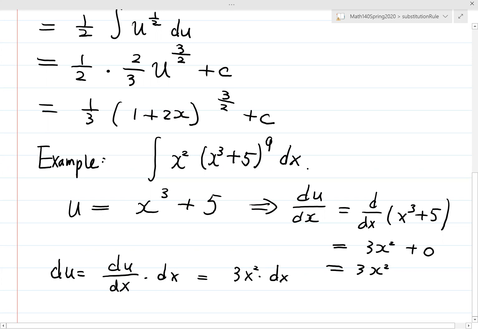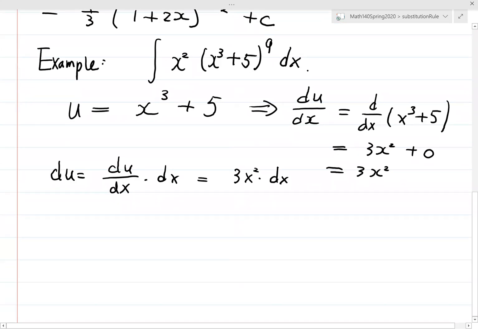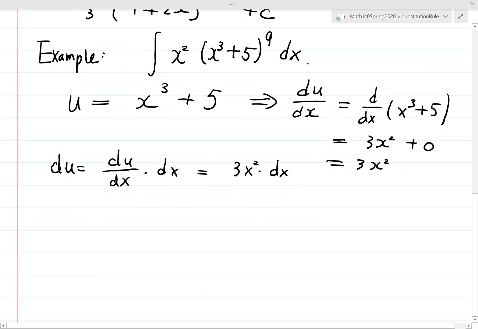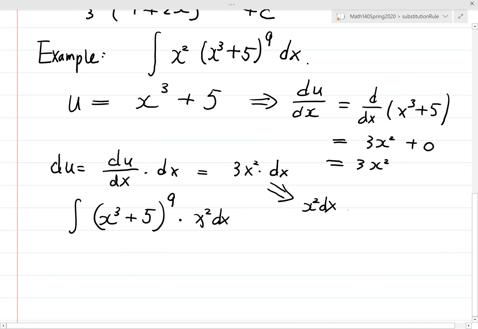So here, if you look at the original problem, we have x squared dx. Switch the order of multiplication, since multiplication is commutative. You get x squared dx divided by the coefficient 3, so multiplying 1/3 on both sides you get 1/3 du.